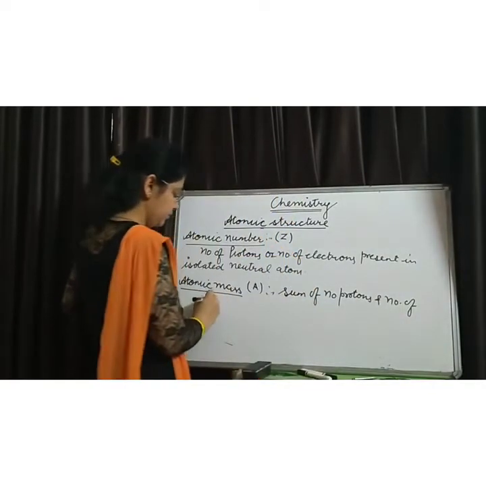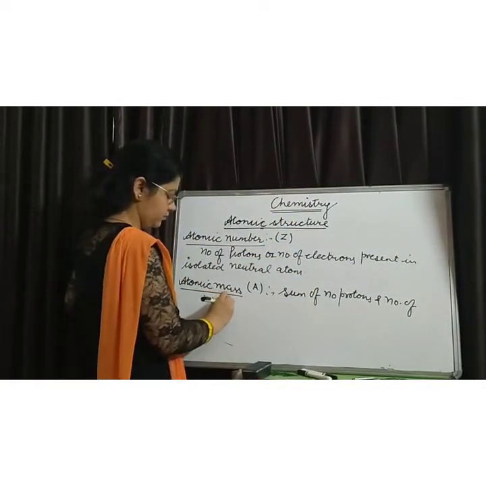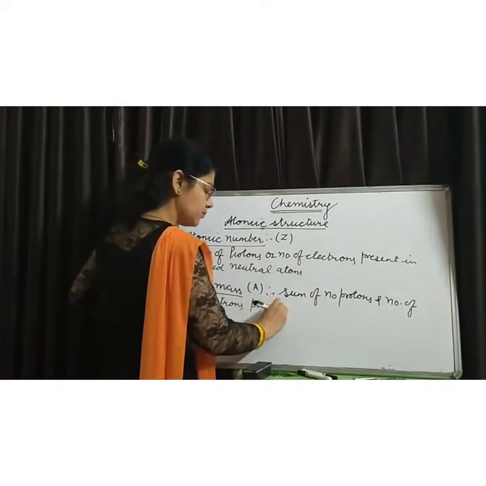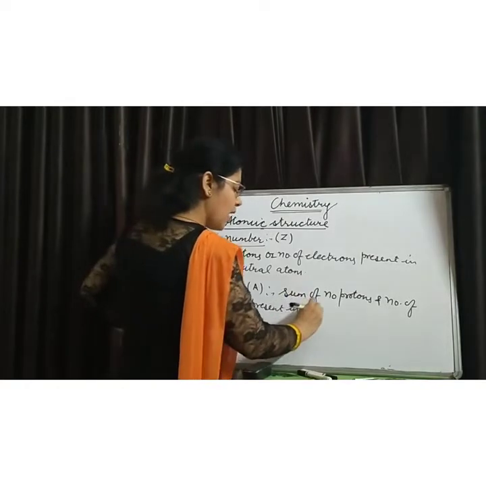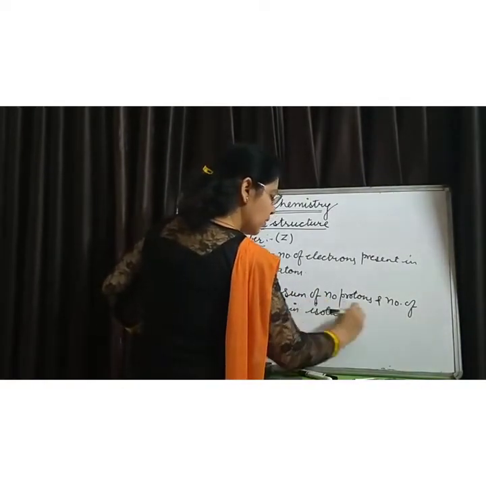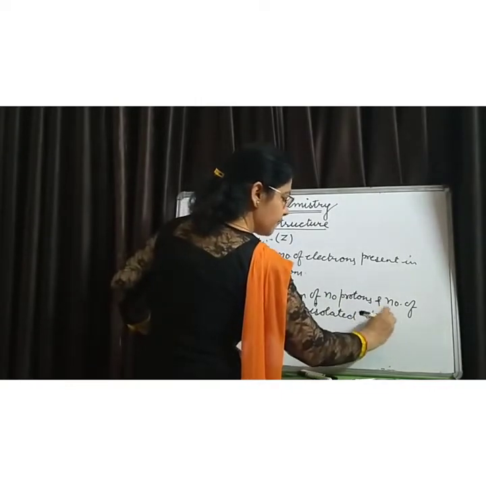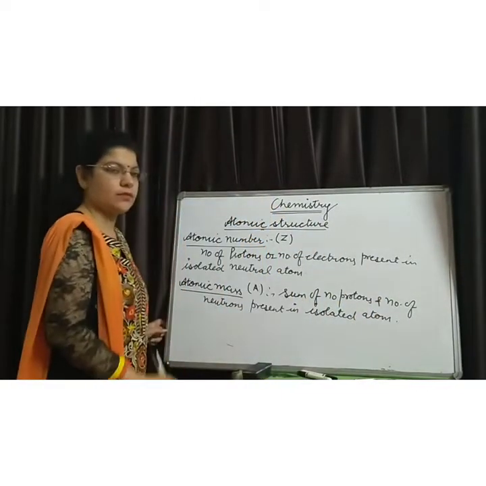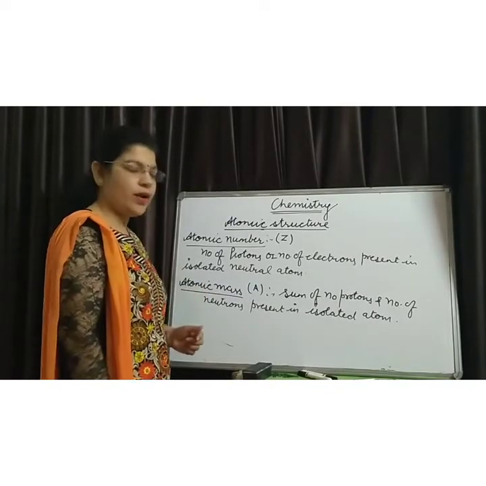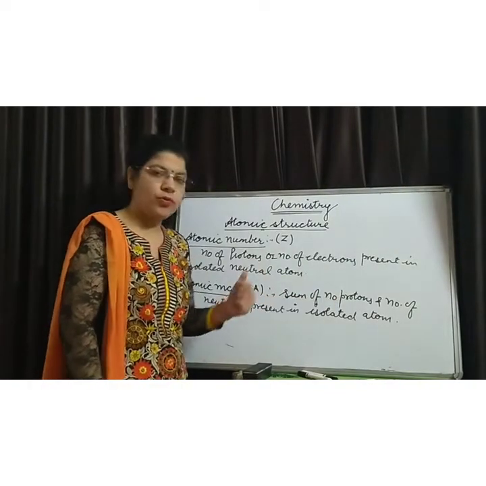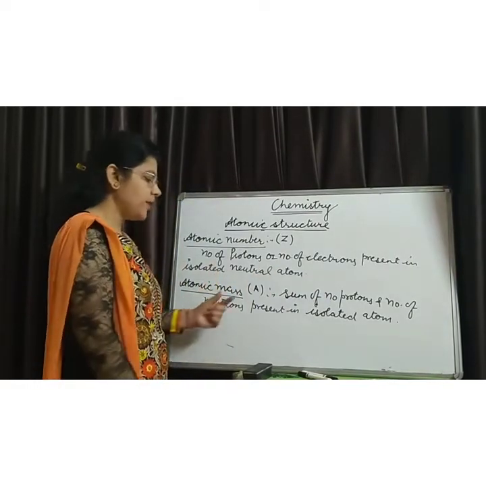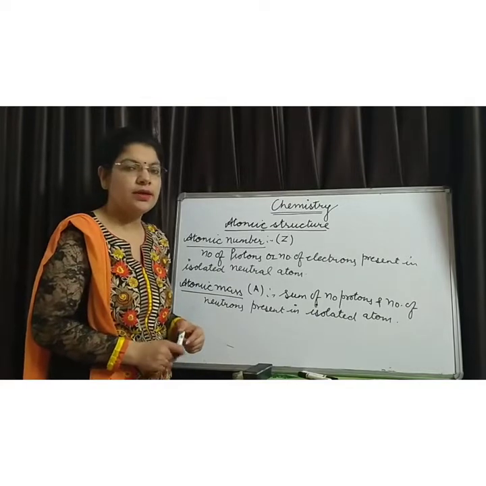Atomic mass is defined as the sum of the number of protons and the number of neutrons present in an isolated atom.